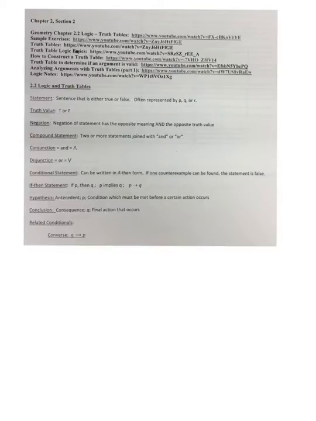Compound statements are two or more statements that are joined with the conjunction and or the disjunction or. Now remember, conjunction means and. When you're using conjunction with absolute value inequalities in algebra, you use the intersect sign a lot because you want the intersection or overlap of two sets.